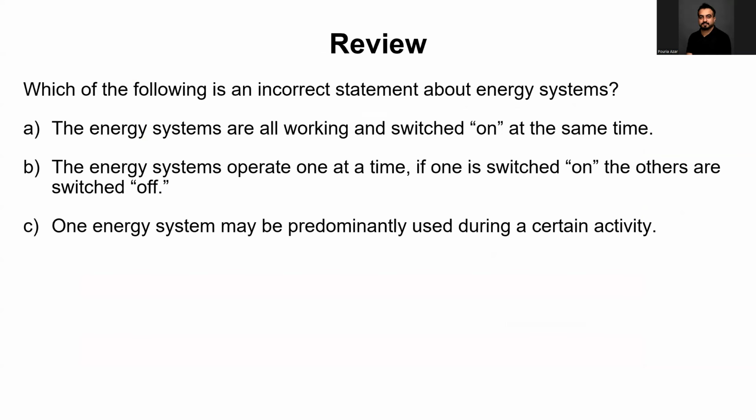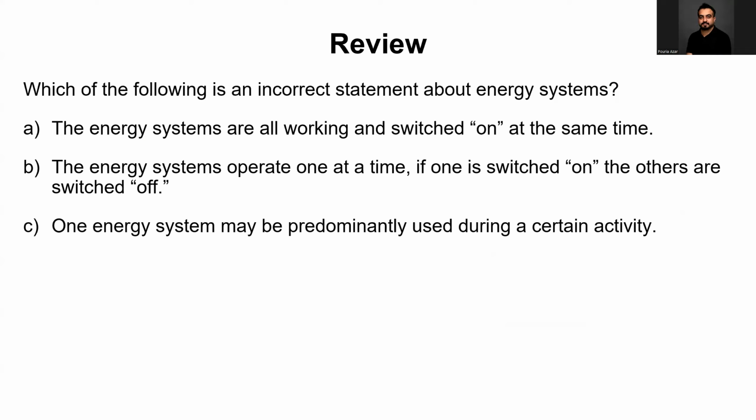Let's answer this. Which of the following is an incorrect statement about energy systems? The energy systems are all working and switched on at the same time. The energy systems operate one at a time. If one is switched on, the others are switched off.